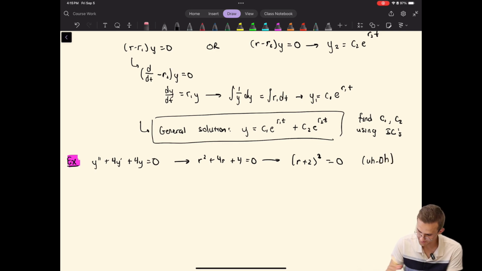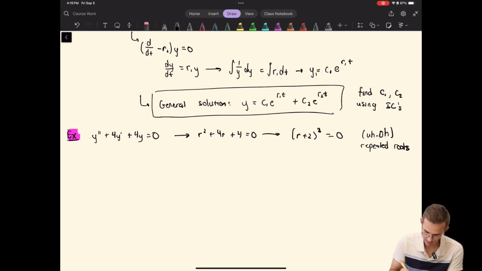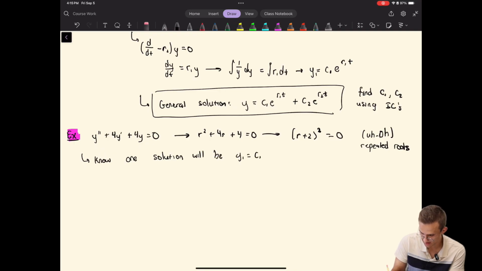So we have repeated roots. One solution will be y1 is equal to c1 e to the minus 2t. But we need an additional linearly independent solution since it's a second order equation.